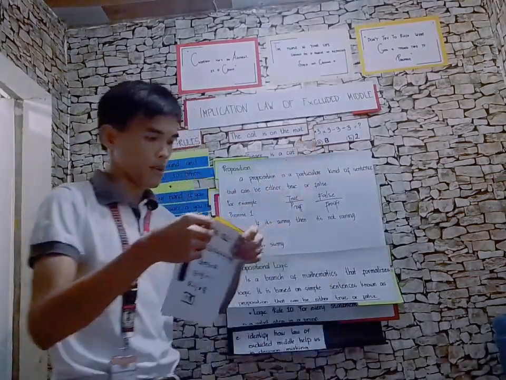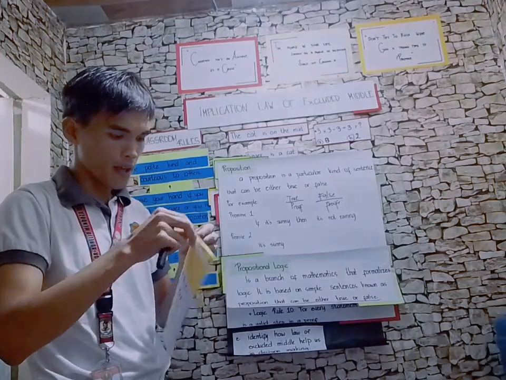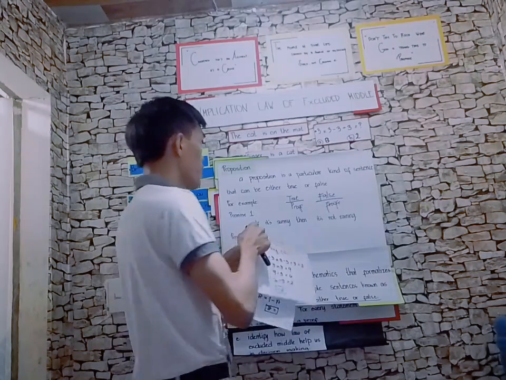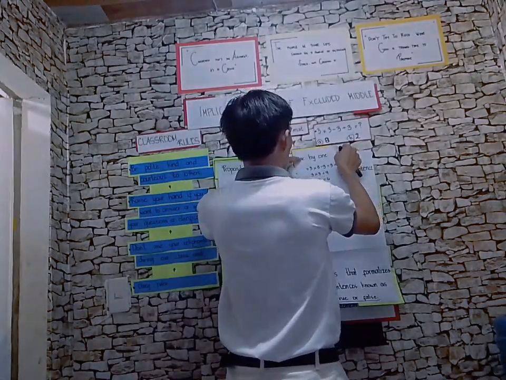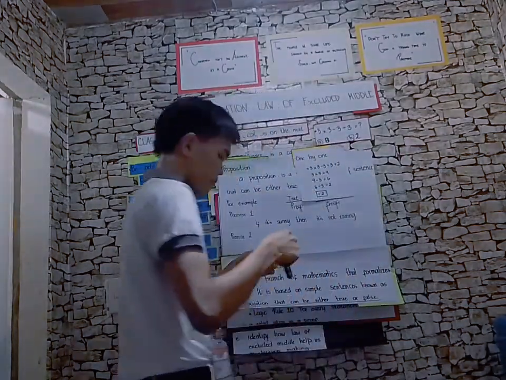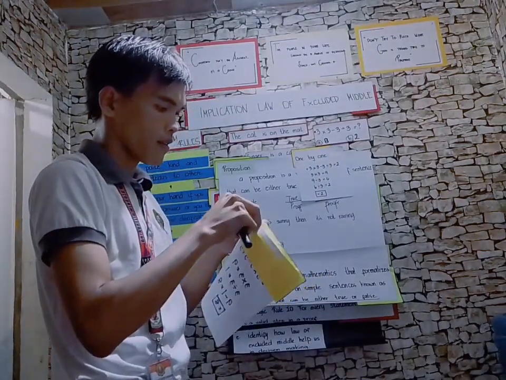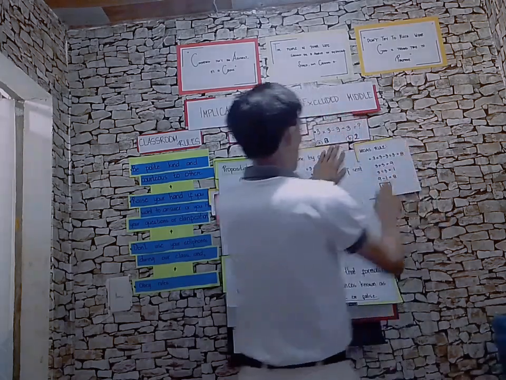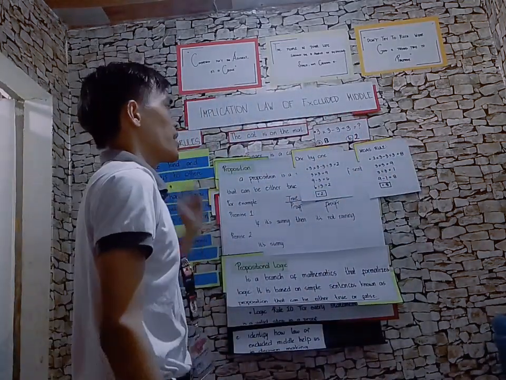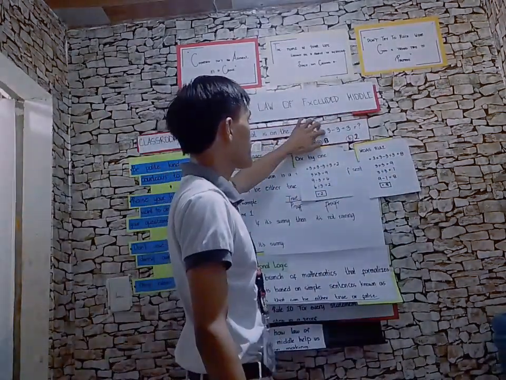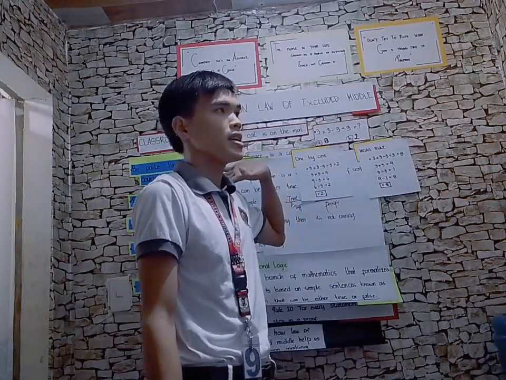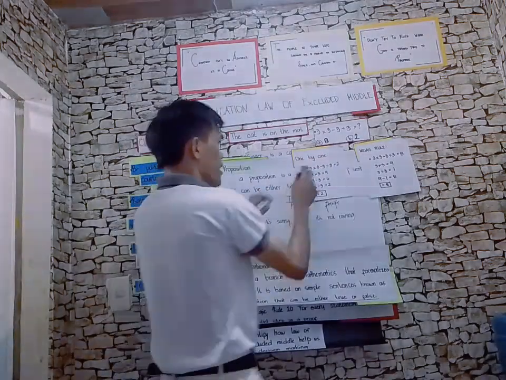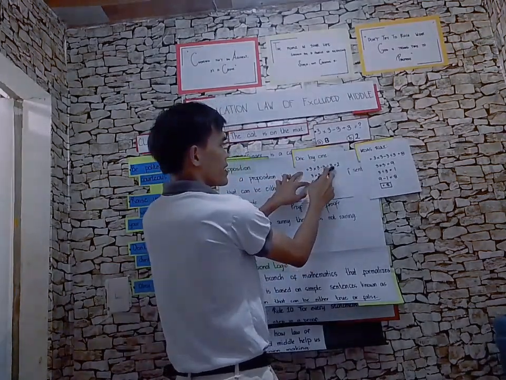In this kind of example, I have here a solution. If we solve this one by one, 3 times 3 minus 3 divided by 3 is equal to 2.